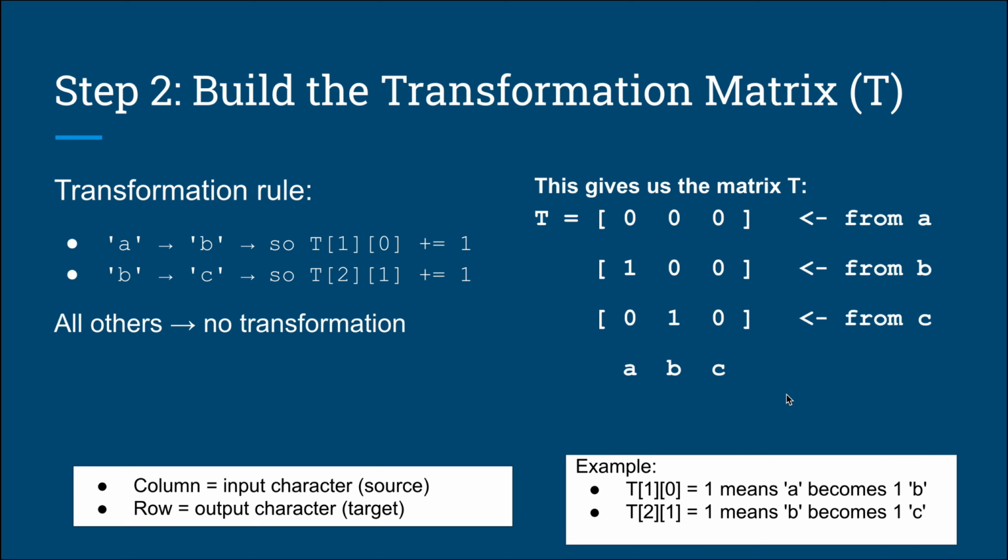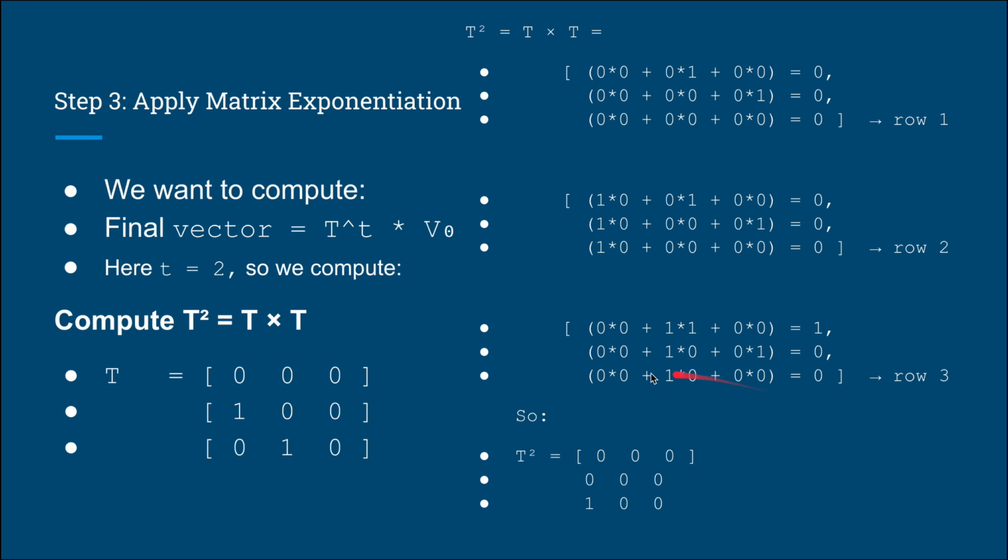So this way we transform once by multiplying the vector by T, right? So there is a formula: T to the power t into v0 will give the final vector. How are we going to compute it?